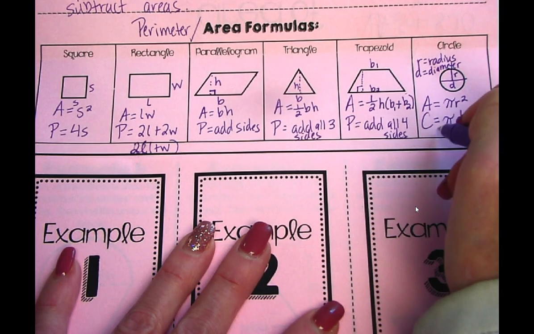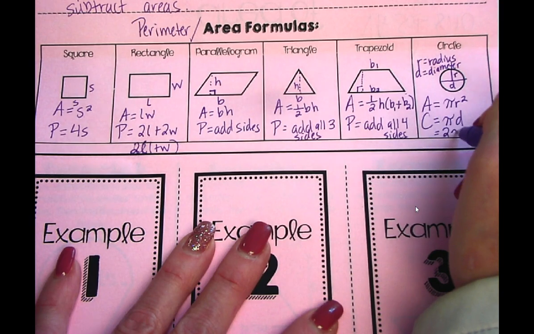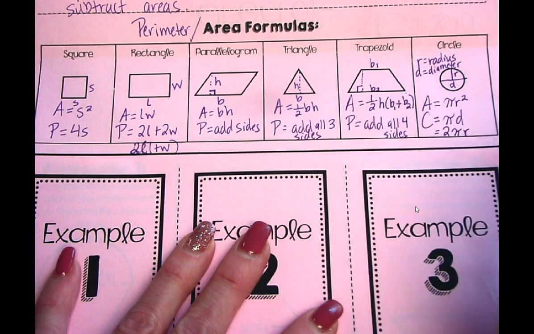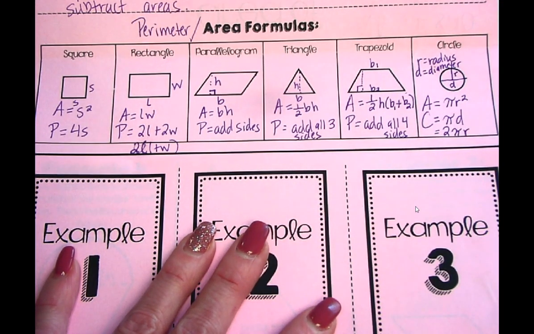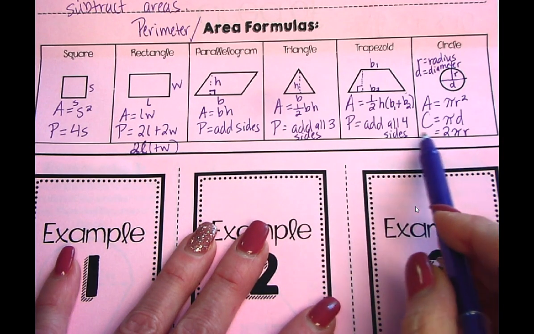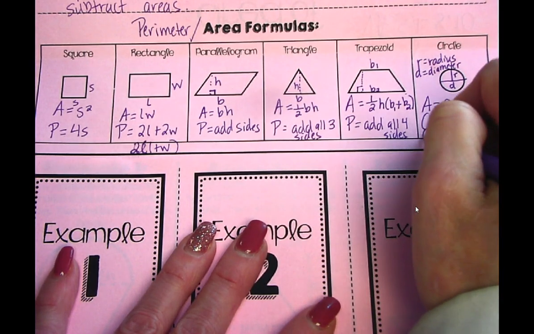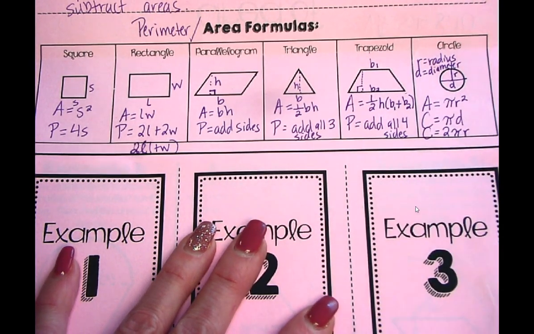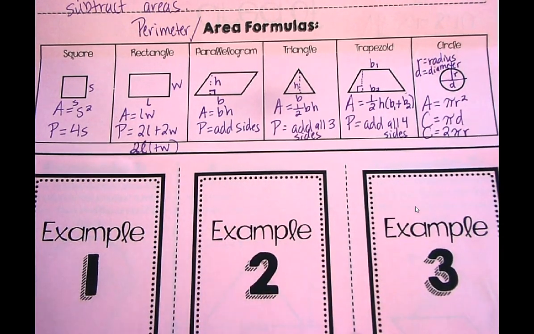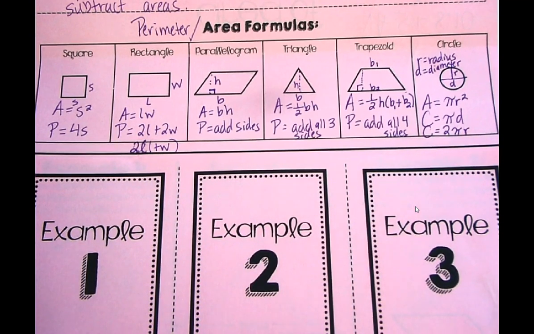If we have the radius, it's 2 pi times the radius. That way, no matter which is given, you can plug it into the formula. Any questions about any of these formulas?